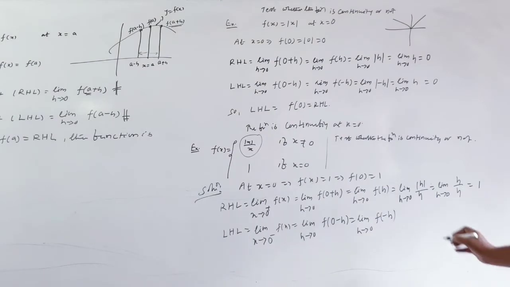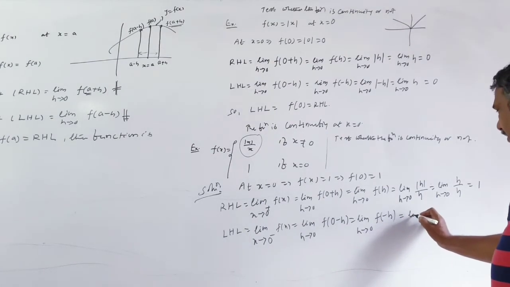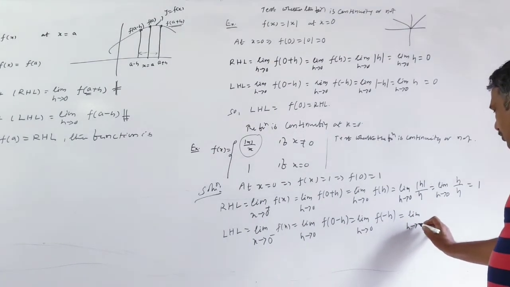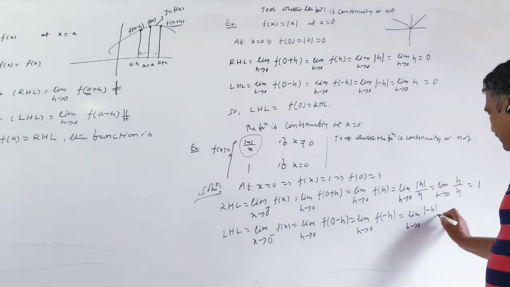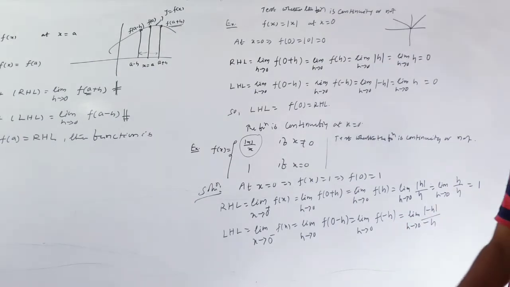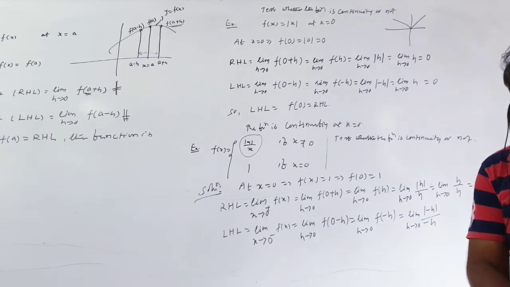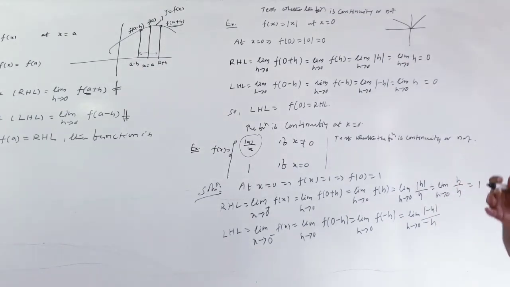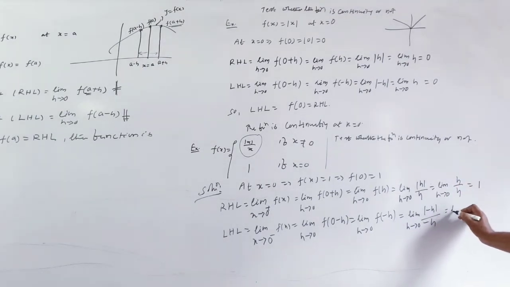Okay. So now here limit x tends to 0 mod of minus x by minus x. What is the mod of minus x? It is x. Mod is always positive. Yes or no? Limit x tends to 0 x by minus x equal to minus 1.